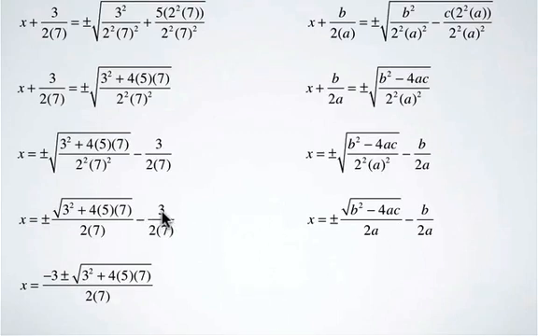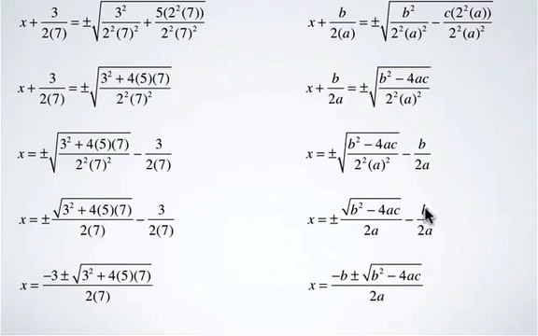Now what we'll do is we'll add in or move this negative 3 to the left-hand side. We're adding it to this top numerator. We can do that because they have a common denominator. So move it to the front, so we have negative 3 plus or minus our square root of 3 squared plus 4 times 5 times 7.